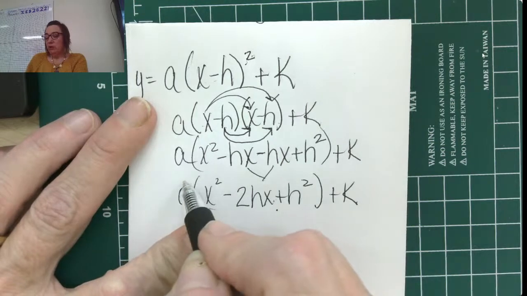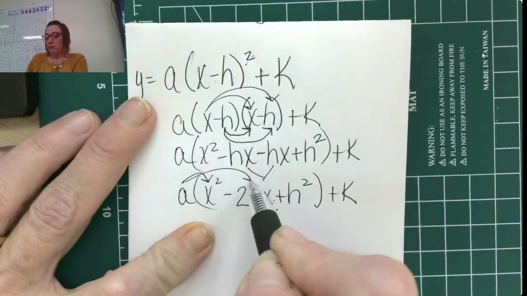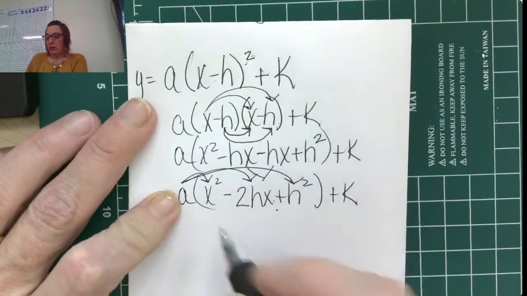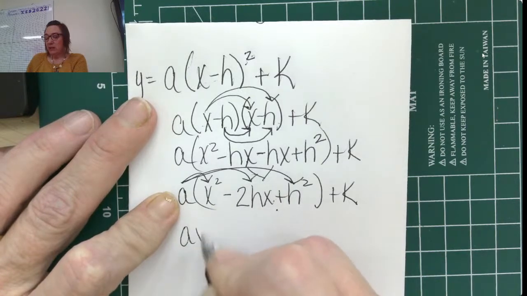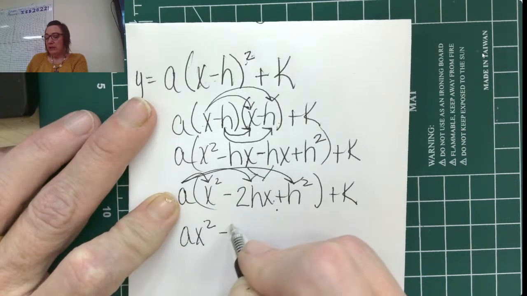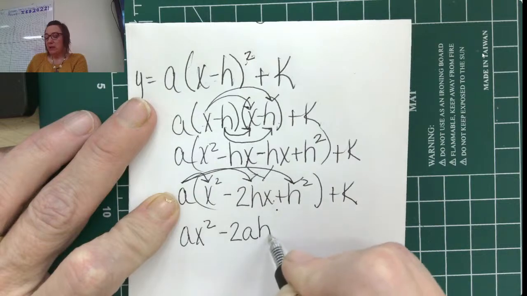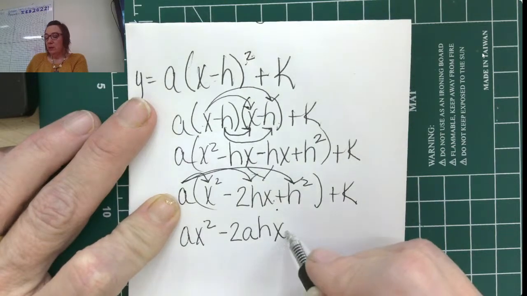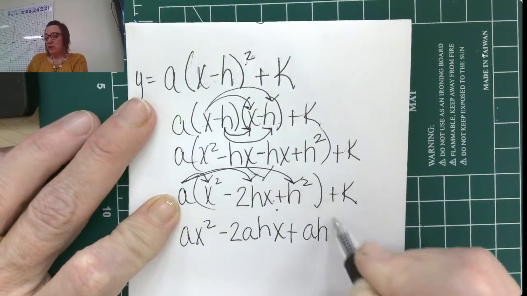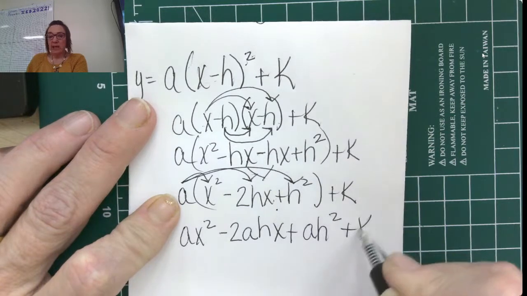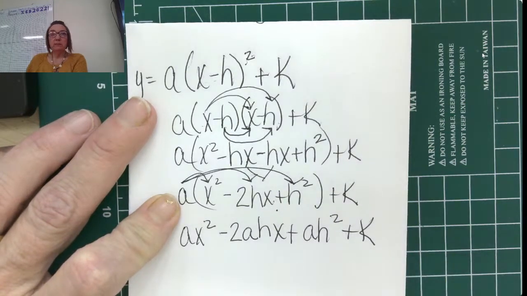And now I'm going to use the distributive property and multiply this out. So I'm going to have a times x squared, negative 2a times h times x, plus a times h squared, and then plus k at the end. Y'all with me?